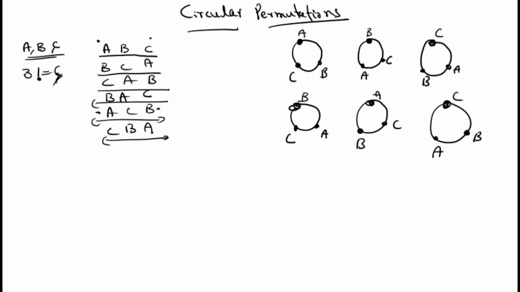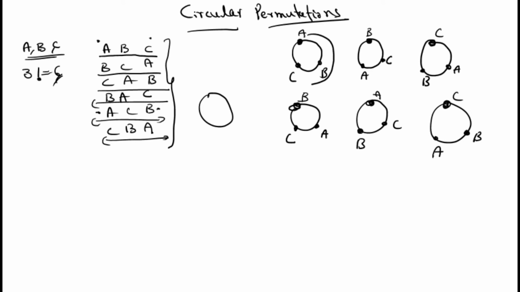Now see, in linear permutations we can find a beginning point and an end point. But in a circle, which one is the starting point? Here or here or here, you can take any point as the initial point, right? That means in circular permutation there is no starting point and end point. Suppose I am taking A as the starting point, then what is your arrangement?